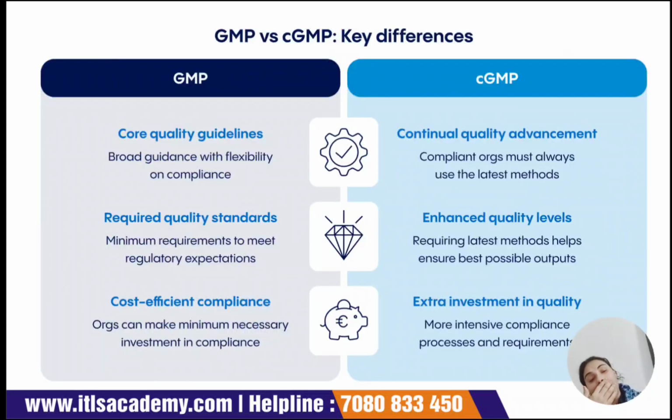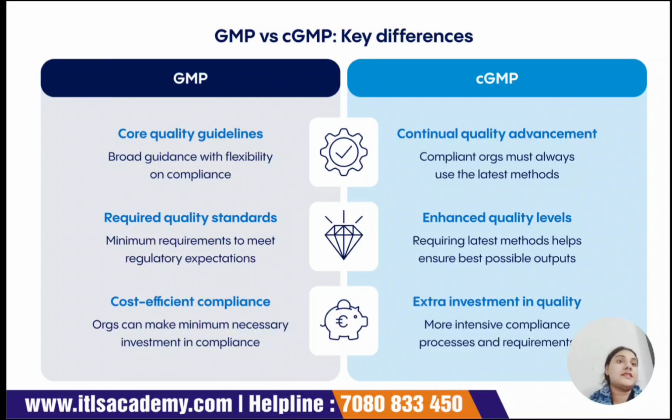Now this question is very important, because this type of question could be asked in interviews or in your examination: what is the difference between GMPs and CGMPs? The first difference is the core quality guidelines.